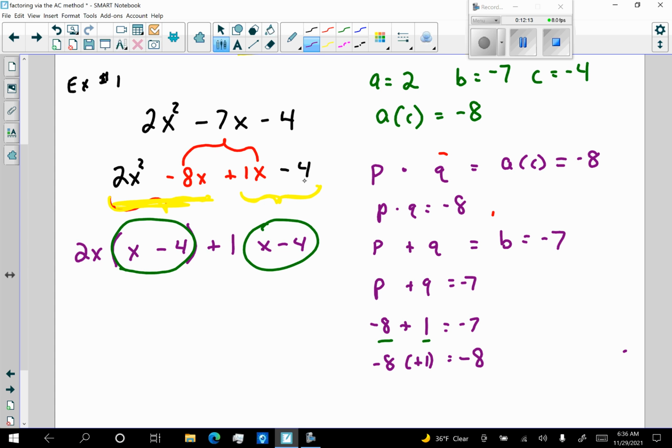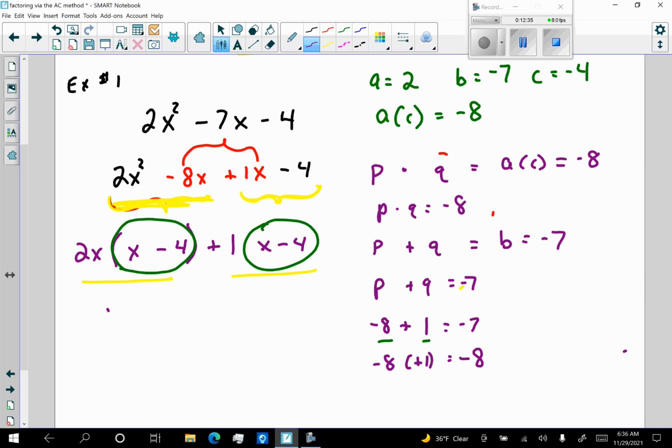And now I have two terms. I have 2x times x minus 4, and I have 1 times x minus 4. What I'm going to do is factor out the common green circle in both of these terms. So here you go.